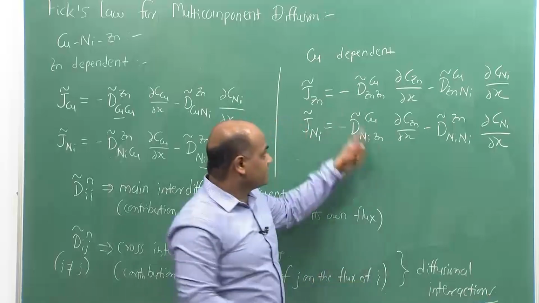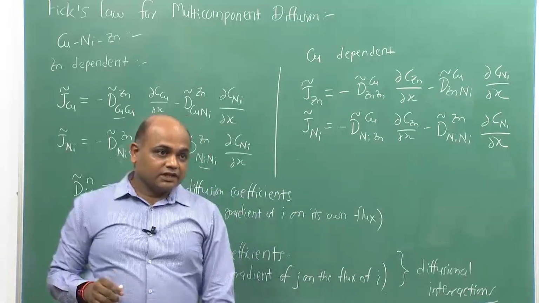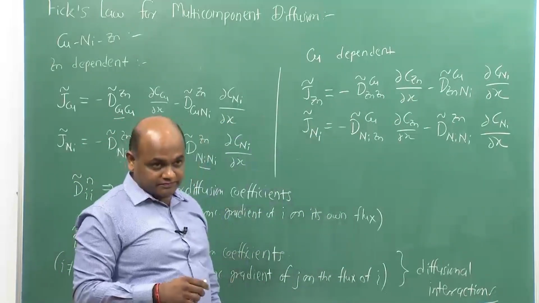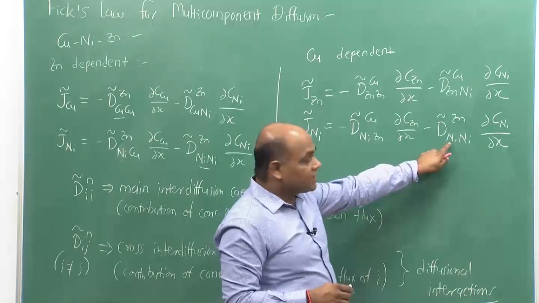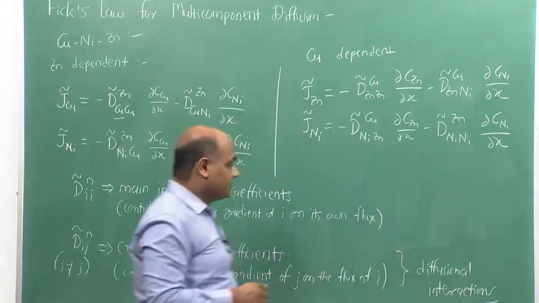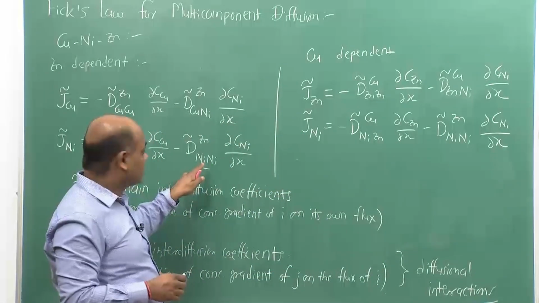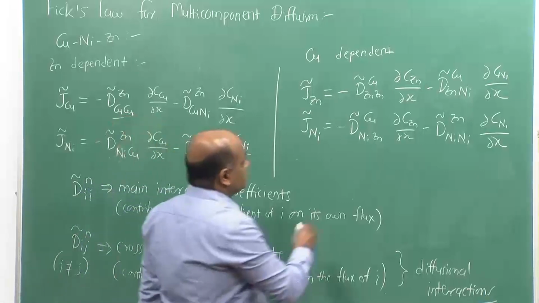So, I get a different set of interdiffusion coefficients. Now, these two sets are different, like D nickel nickel with zinc as dependent is not the same as D nickel nickel, sorry, this should be copper.